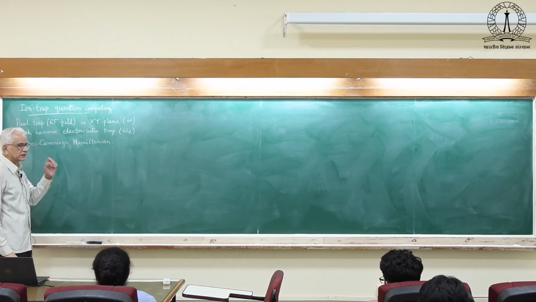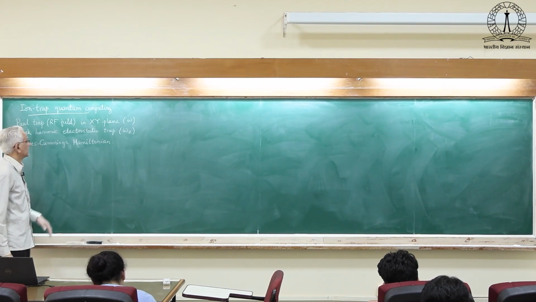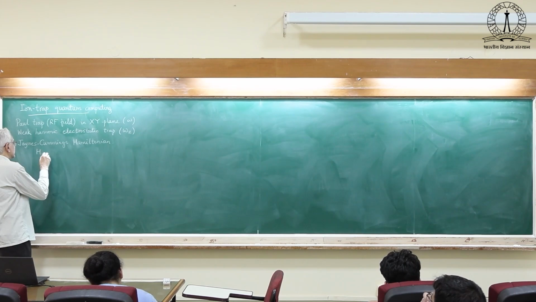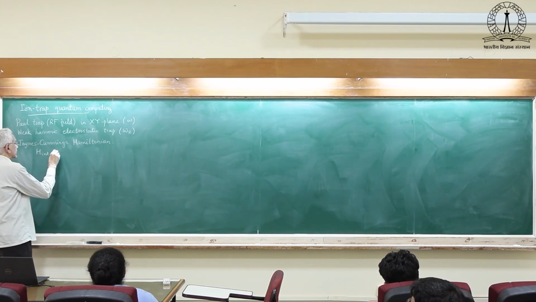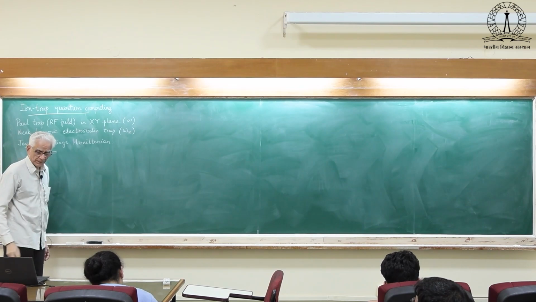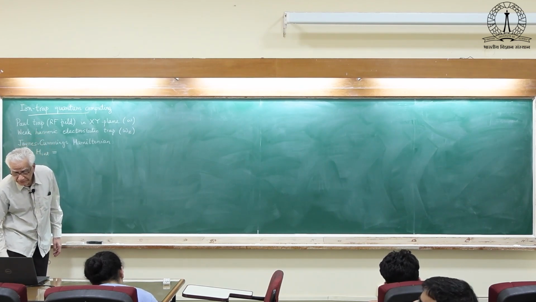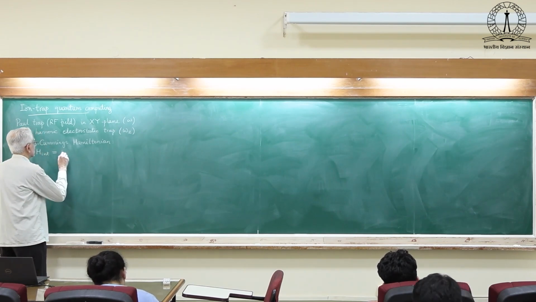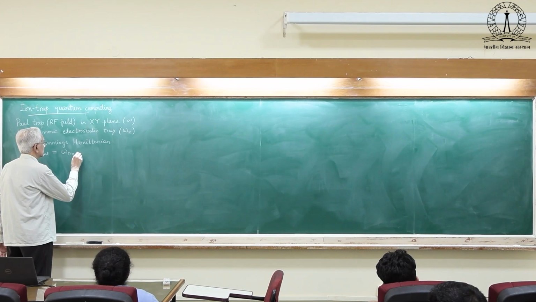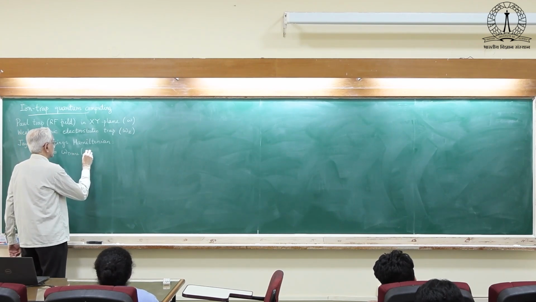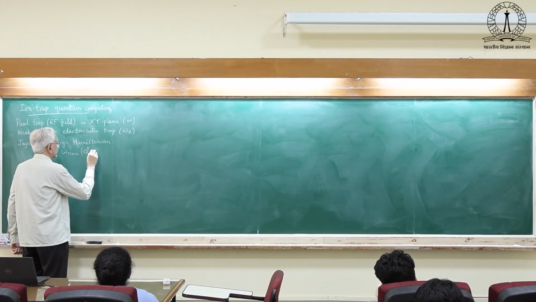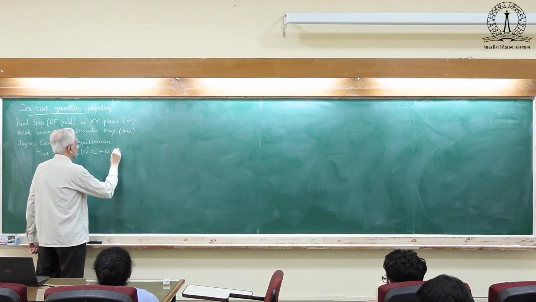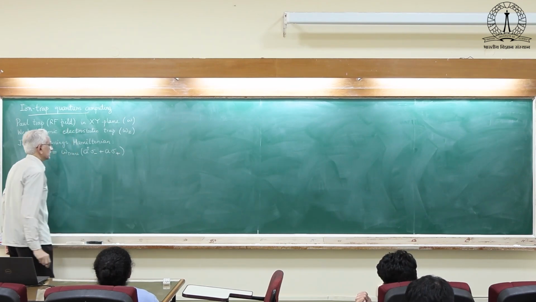So the interaction of the electromagnetic field with the ion, and it's this Jaynes-Cummings Hamiltonian, and I will only write the interaction part, to be consistent in the notation for the frequency. So this is whatever the transition frequency is times A dagger sigma minus plus A times sigma plus.